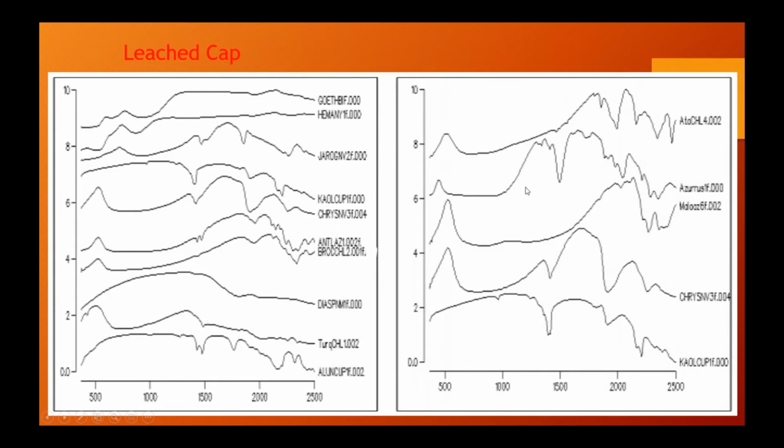The plot on the right is going to be other leached cap minerals that are copper bearing. So again, these are going to include that atacamite, azurite, malachite, chrysocolla, and you'll also find some kaolinite in that assemblage with those as well.